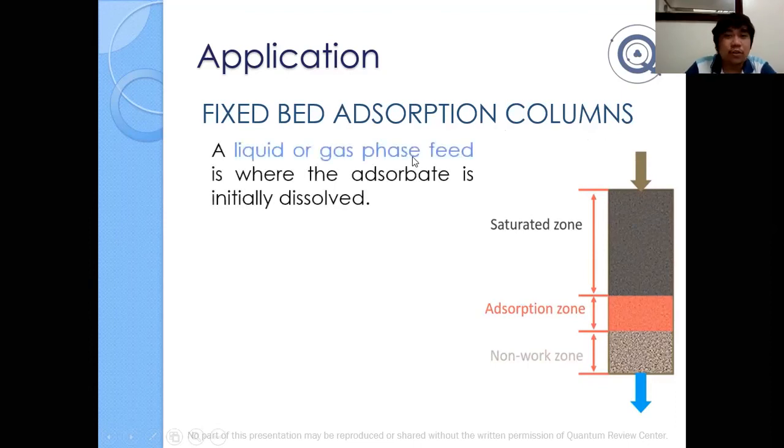Fixed bed adsorption columns are often used in industries. Okay?